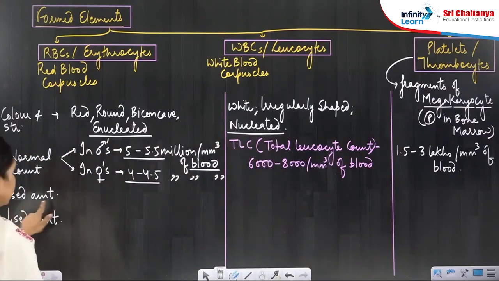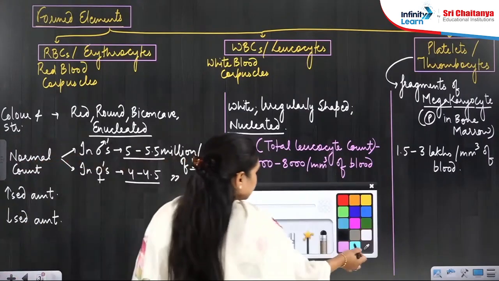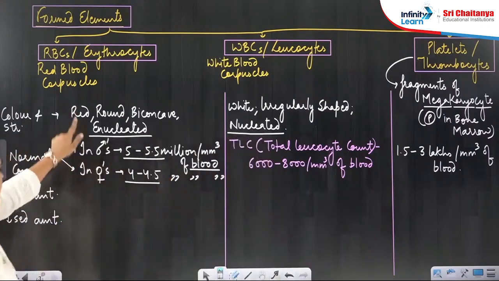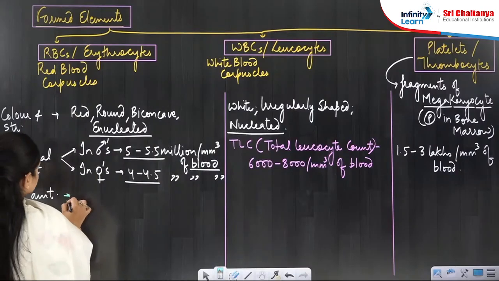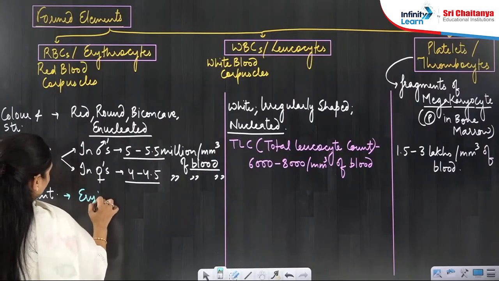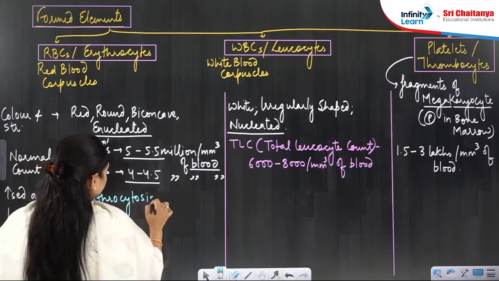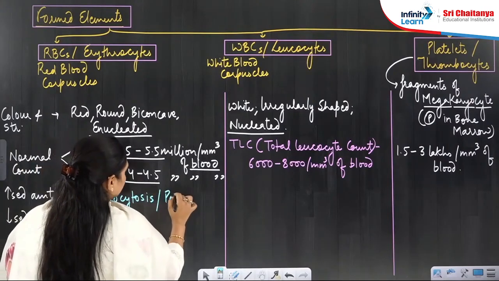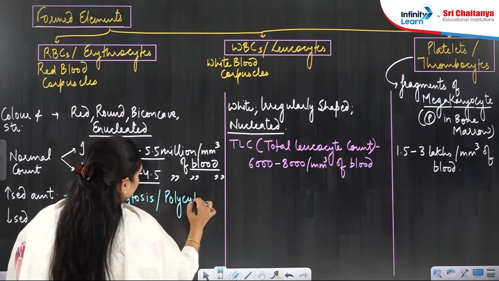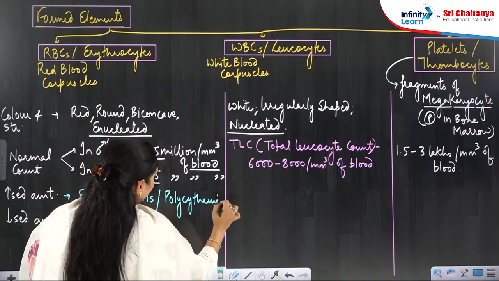Now, an increased amount of RBC is known as erythrocytosis, or it can be called polycythemia.